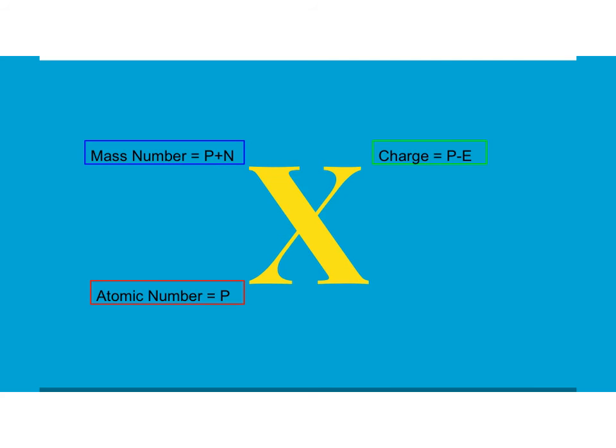So finally, this is what our finished symbol is going to look like. We're going to have our chemical symbol in the middle. We're going to have our atomic number or number of protons in the lower left-hand corner, our mass number or our protons and our neutrons in our upper left-hand corner, and the last one, which is our newest, is going to be our charge, and this is to figure out, is it an ion, by taking the protons minus the electrons.